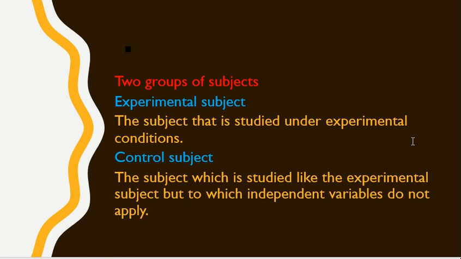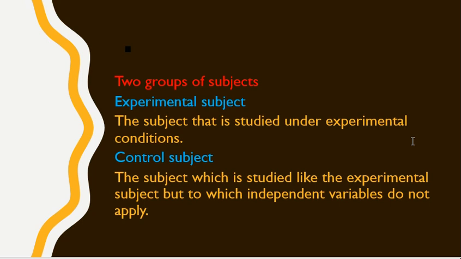Before selecting subjects, we should take into account that the subjects of both groups should be almost equal in terms of number, age, mental ability, and so on. Now, the experimental subjects will be given a break to rest during learning, whereas the control subjects will learn the same material without a break.